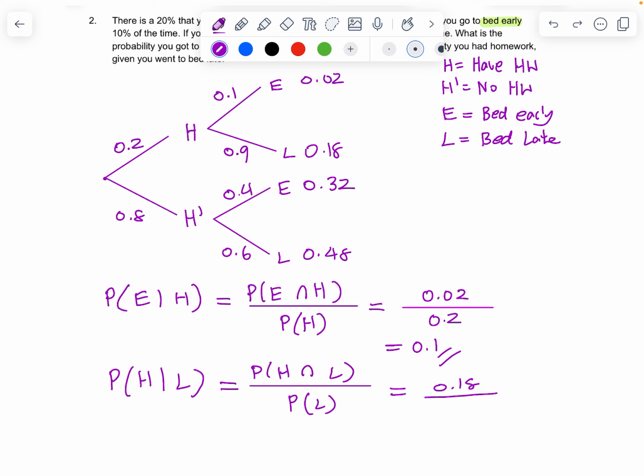So here you got to be careful, right? Because you have two ways of sleeping late. This one is an or example. You're either going to sleep late and you had homework, or you're going to sleep late and you don't have homework. Similar to what we've done before, when it is a question related to or, you have to add them. So it would be 0.18 plus 0.48, and in total, you should get 0.2727 approximately. And so there you have it.